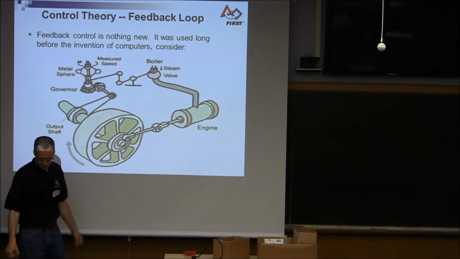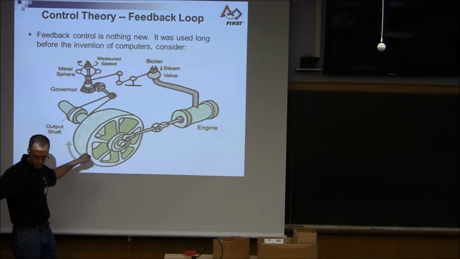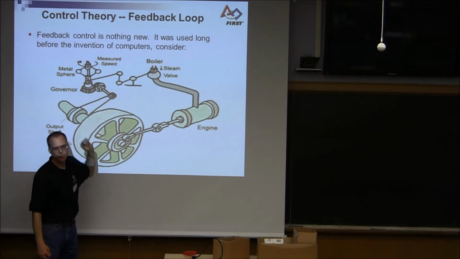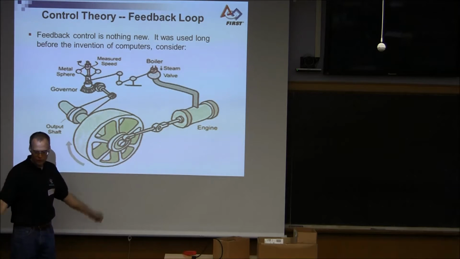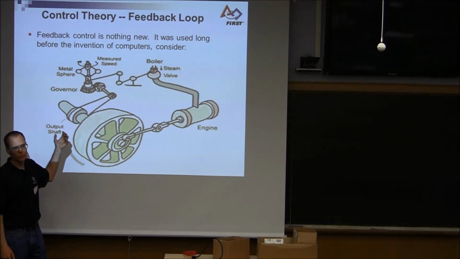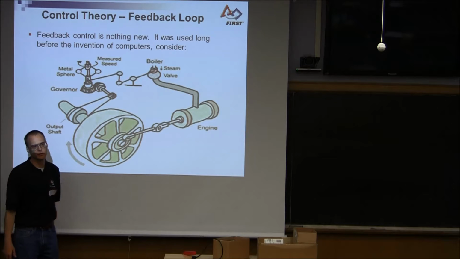So you take that motion of those metal spheres rising up or falling down, and you connect it backwards. What do you mean backwards? Well, when they fall down, it opens the valve and lets more steam in. When they rise up, it closes the valve and lets less steam in.